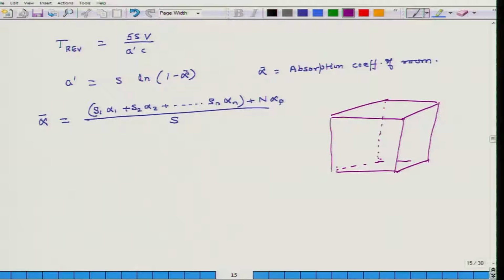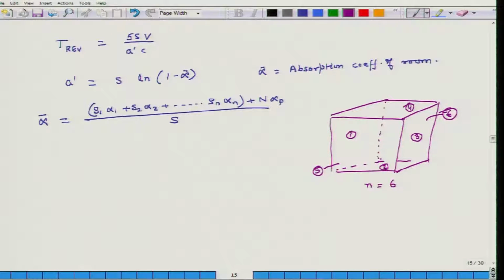So, this rectangular room has 6 reflecting surfaces, 1, 2, 3, 4, and then this is 5, and the back surface is 6. So, in this case n, lowercase n is 6.